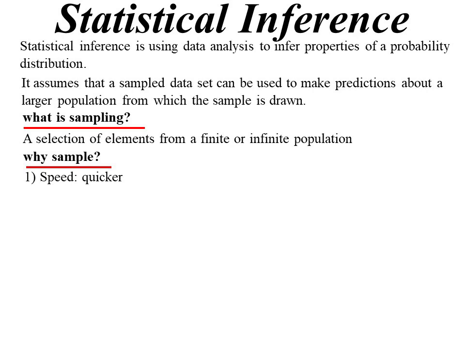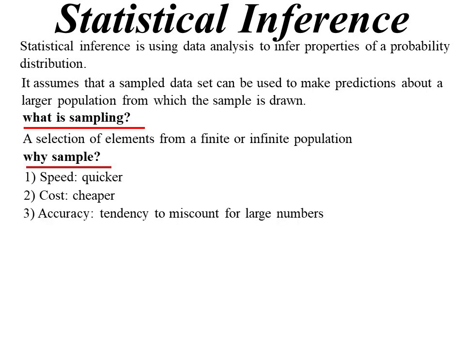Speed. It's going to be quicker to pull out a sample than try and get every piece of data. Cheaper. If you're paying someone to go out and conduct a survey for you, and they have to ask every single person, it's going to cost you more money. But actually, this is the interesting thing: it's more accurate than going to the whole population, because errors happen.